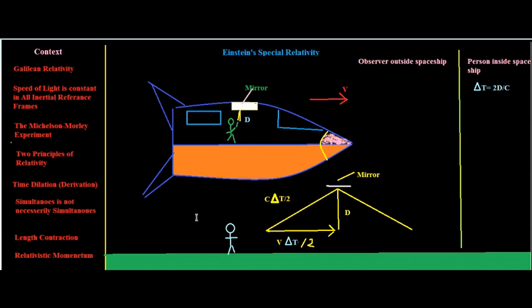So the observer outside sees that the time inside the spaceship is slowed down. For him, the light takes much longer to hit the mirror and bounce back to the floor. So time slows down for the spaceship.